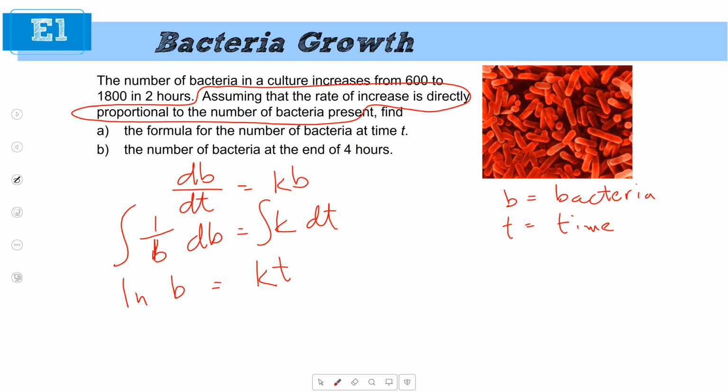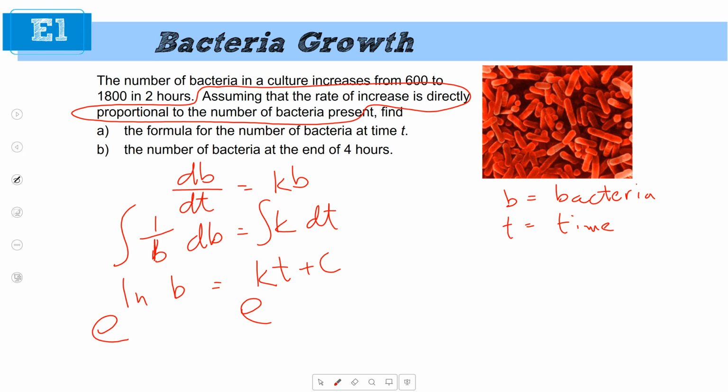We're all good so far? How do I solve that for B? Yeah, we do the e to the raised to the e trick. Please tell me you all know that. Oh, I forgot something. The plus C, that's kind of important.